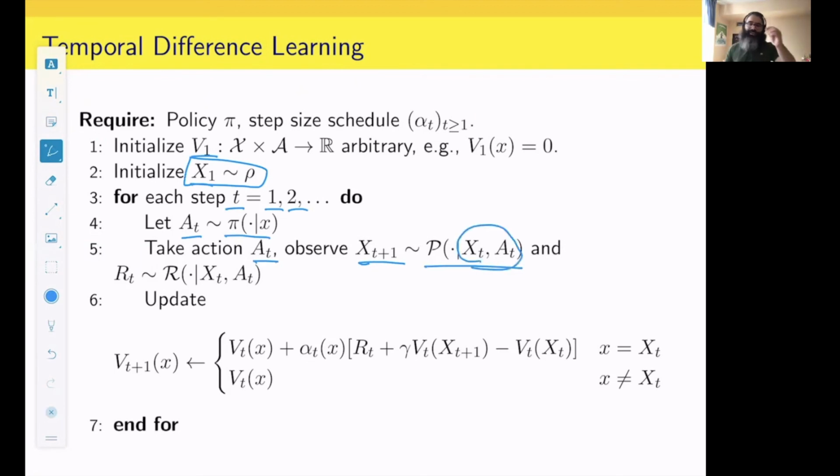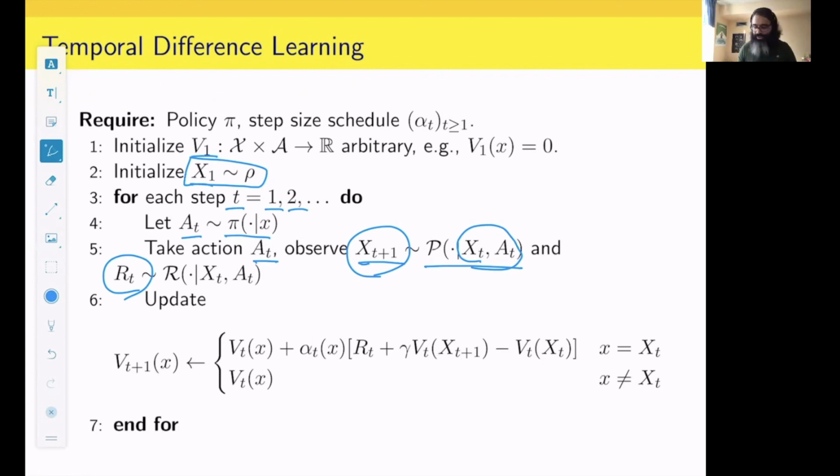So at state x_t, I take action according to policy pi, go to x_{t+1}. That's one step. And I observe x_{t+1} and also the reward r_t. Then the idea is that we just use a stochastic approximation to update the value function for that particular state that we have seen.